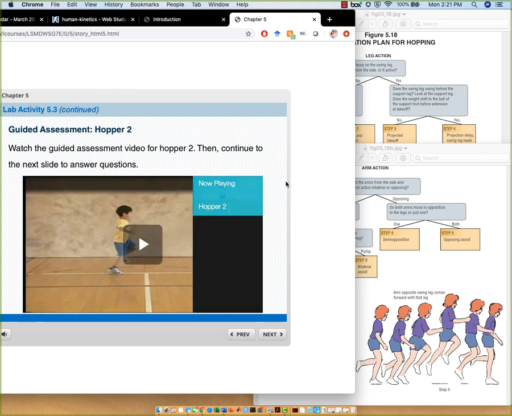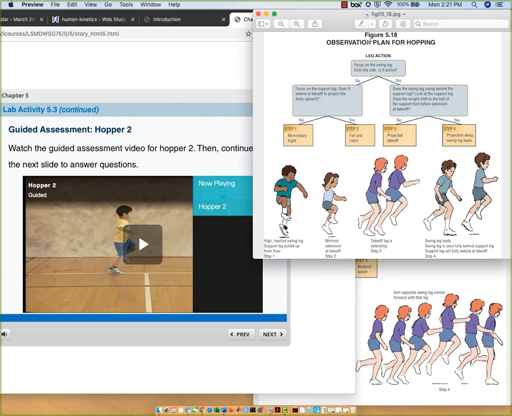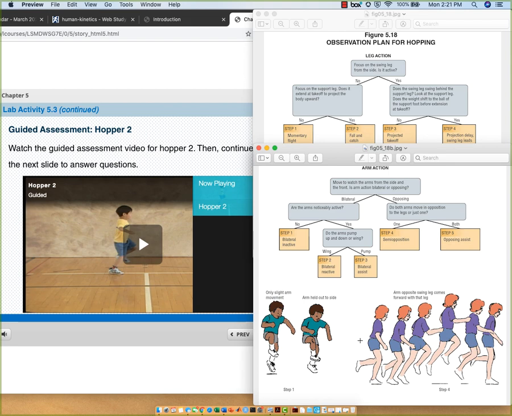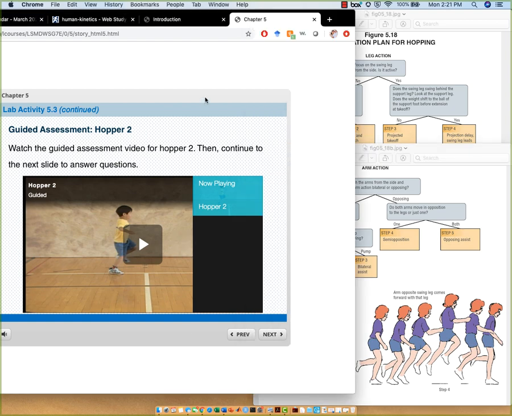Good. So now what you can do is watch the guided video assessment for hopper 2. Again, pay attention to figure 518 for the leg action first. Make notes in terms of what you think the leg action is, and then watch the video again in terms of arm action. Then you can go through the guided assessment and see if you're correct, just to check your answers.